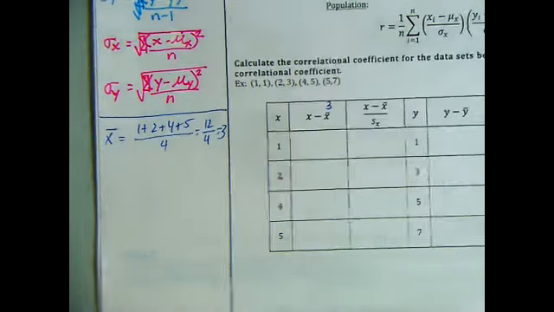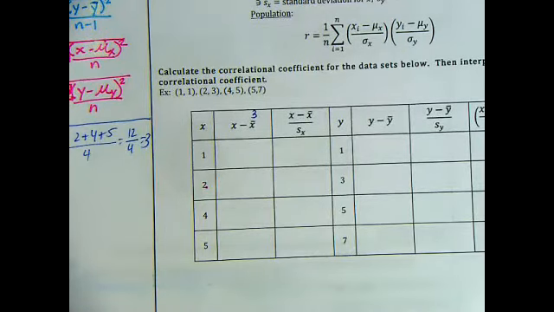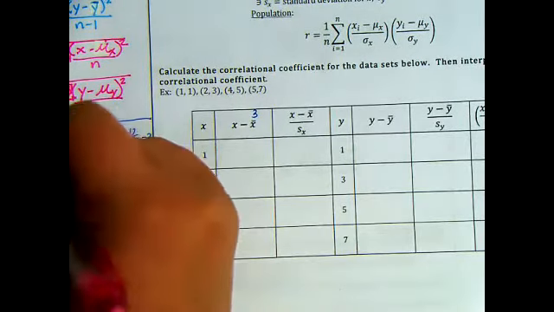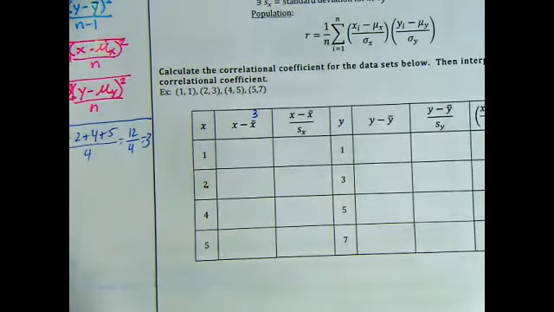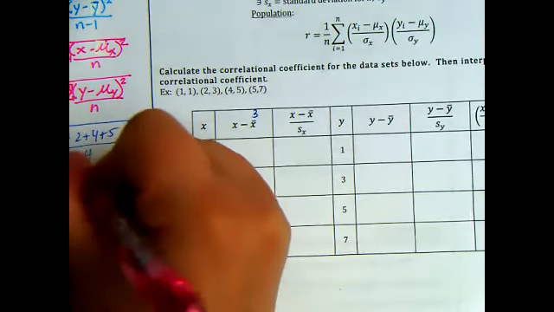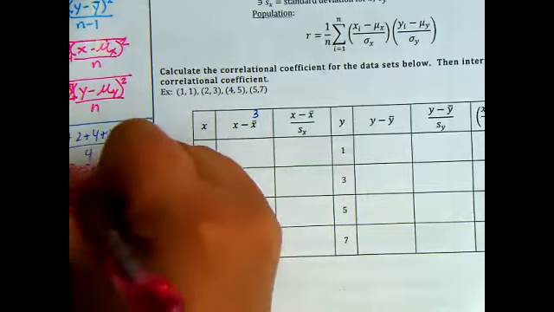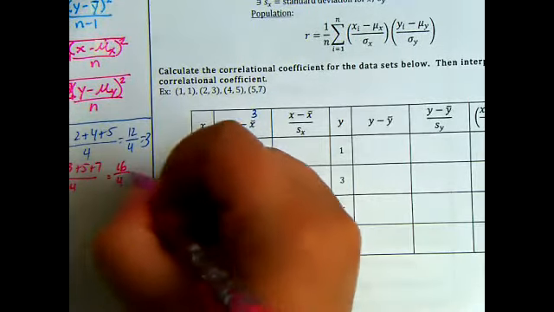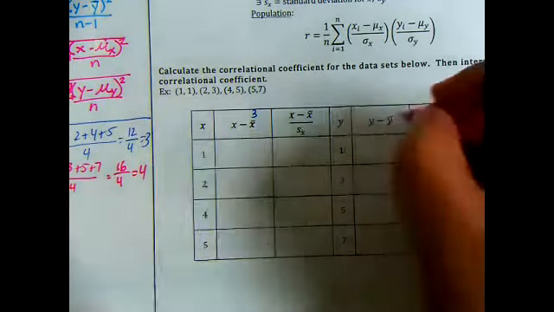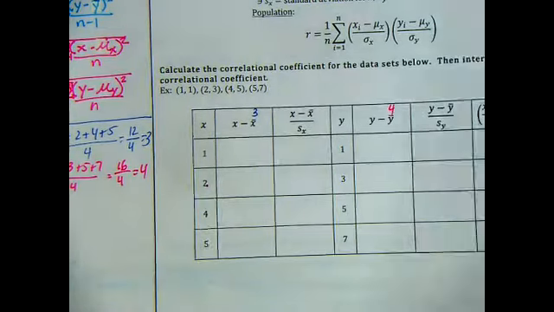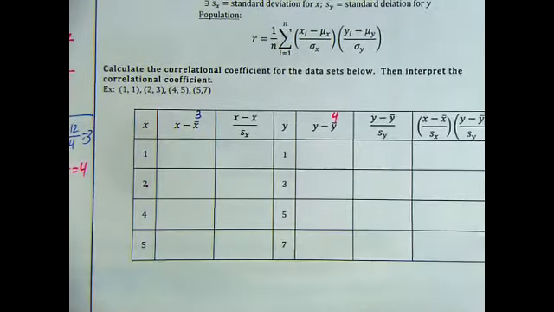All right. And then we can do the same thing for our y. So y bar, I have 1 plus 3 plus 5 plus 7 divided by 4. That's going to be 16 divided by 4, which is 4. So my y bar is 4. Okay. Are we okay so far? We're doing okay?